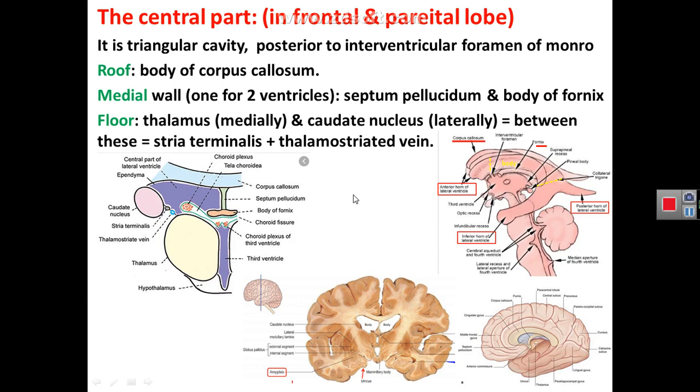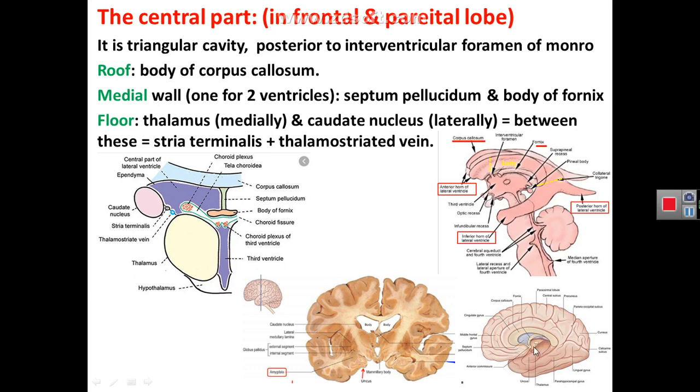This coronal section shows that its roof is formed by the corpus callosum, while its medial wall is formed by the septum pellucidum and fornix, and the floor of the body is formed by the thalamus medially and the head of the caudate nucleus laterally, and in between the two is the stria terminalis and thalamostriate vein.